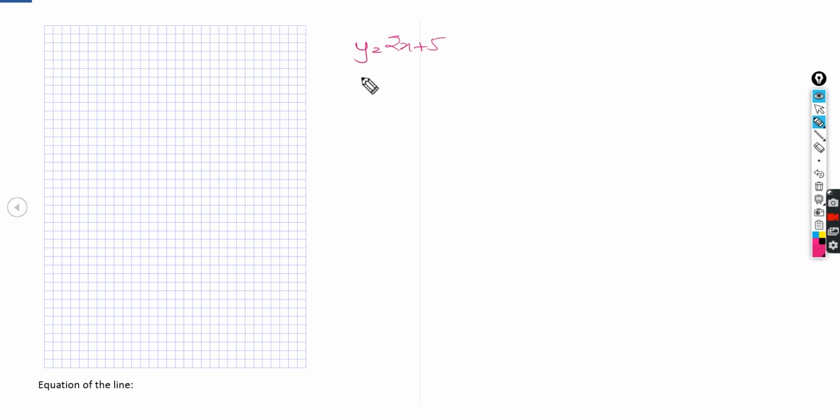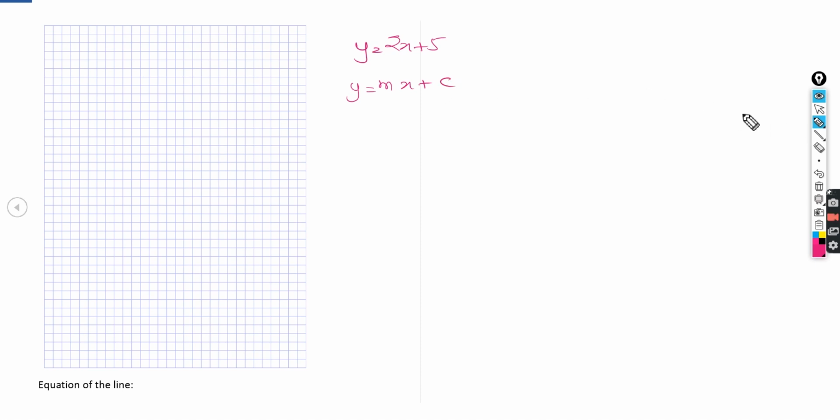As we discussed in the intro, y equals to mx plus c is the generic form of linear equations, or the generic name of a linear equation.